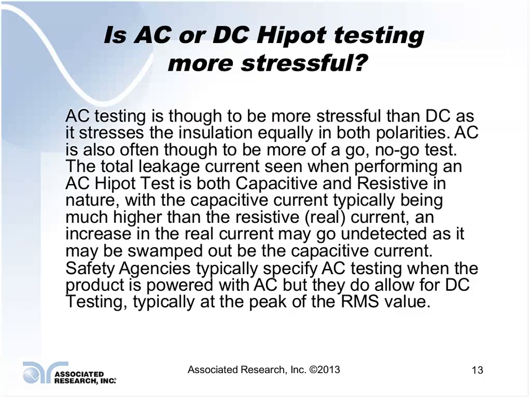So in many cases, the AC test is really considered more of a go, no-go test, because normally you cannot predict whenever the insulation is going to fail. You can be going through and testing a product, especially if you're applying the potential instantaneously. It's going to be more of a go, no-go type test. Whereas in doing DC testing, in a lot of cases, you're ramping up the test potential, monitoring the leakage current.